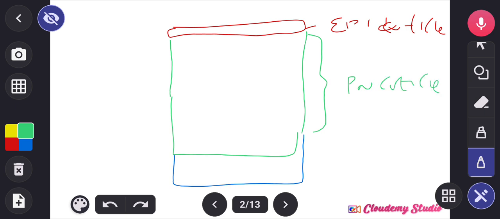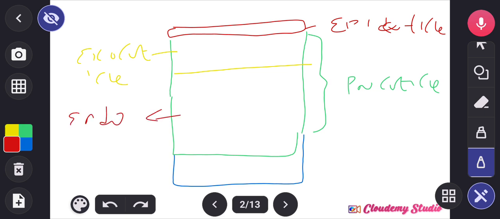Now, this procuticle is subdivided into what? It is subdivided into the exocuticle and the endocuticle. So in this underlying basement membrane, we now have the epidermal layer.